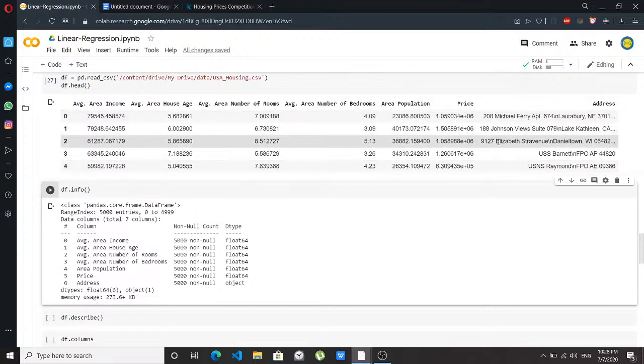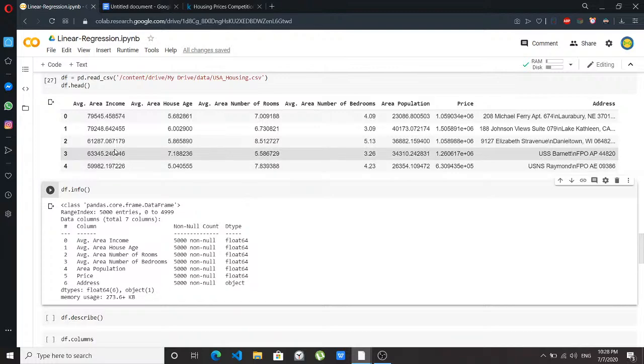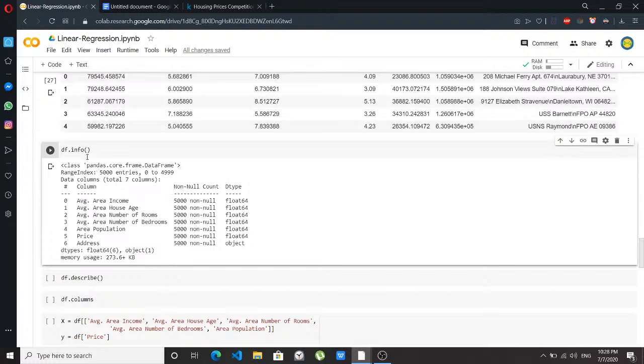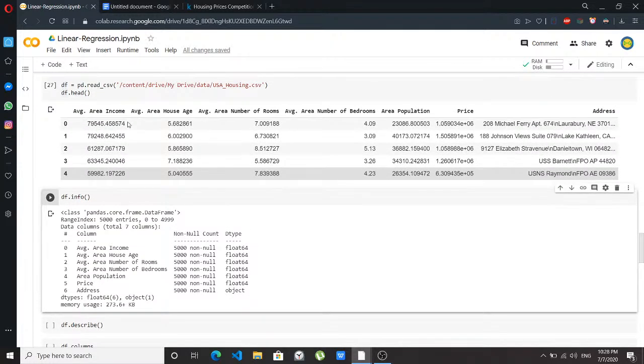Or they don't know the address, so they leave the address as null. They don't know the average area income, so there might be a null value for that. So df.info helps us tell whether there is any null value in this, and how many values there are.